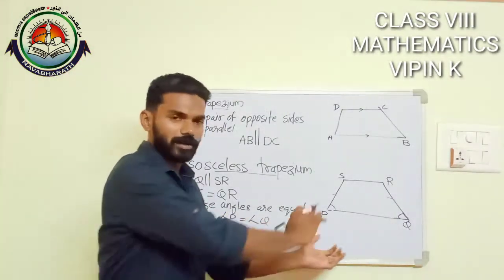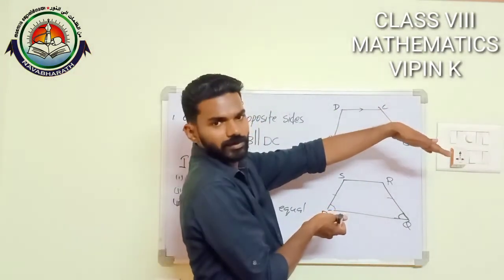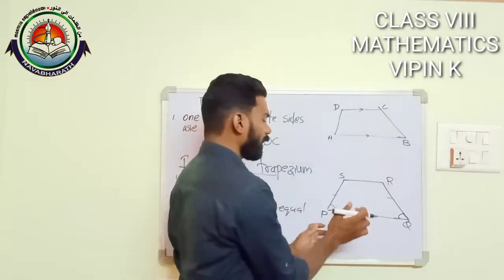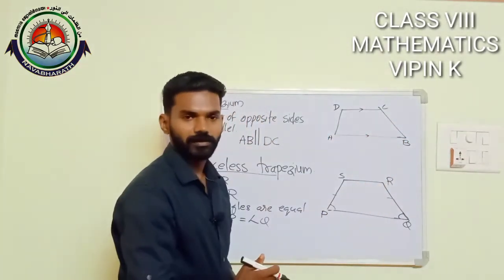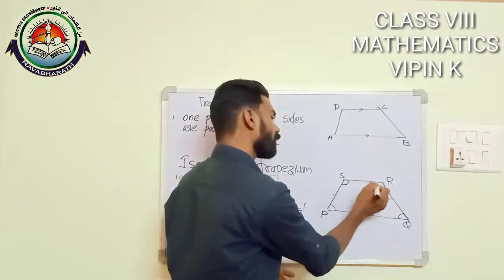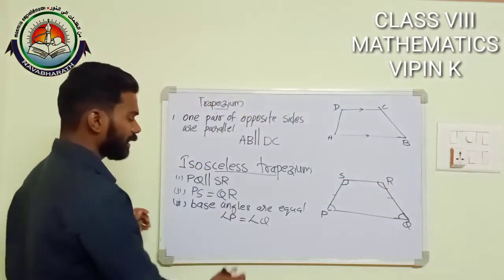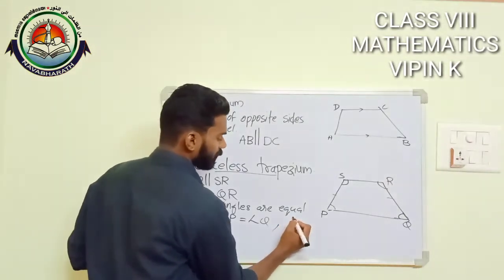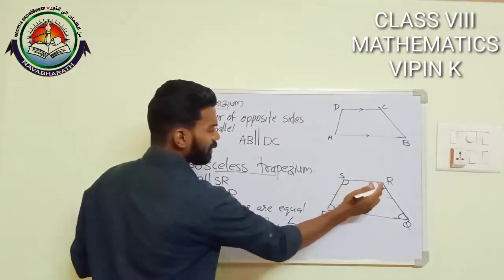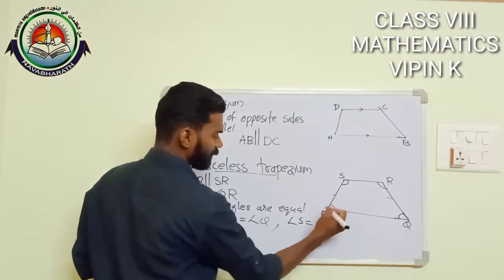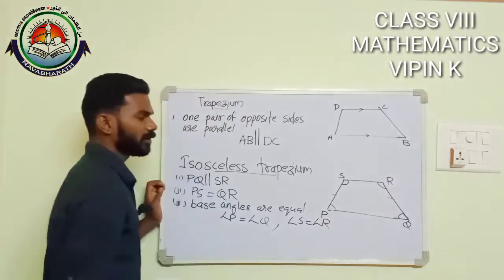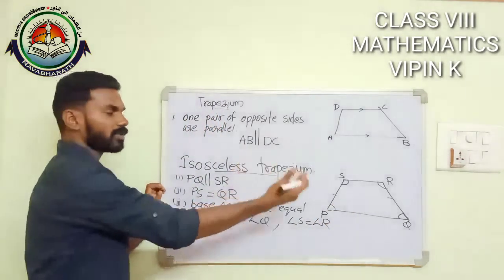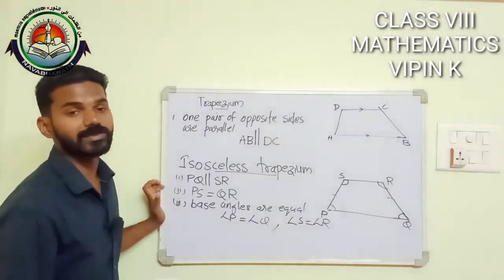And if we invert this trapezium, then the base would be SR, and those angles also would be equal in the case of an isosceles trapezium. So which are the next two angles that are equal? Angle S equals angle R. They also can be considered as a base.